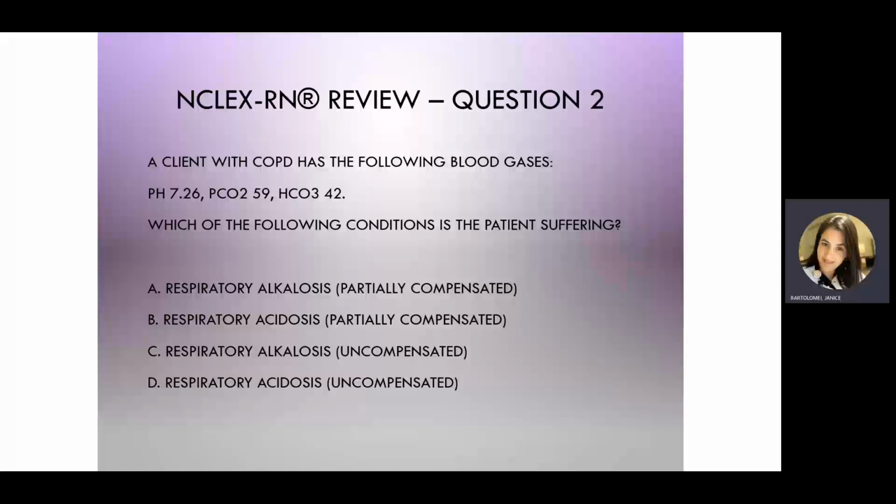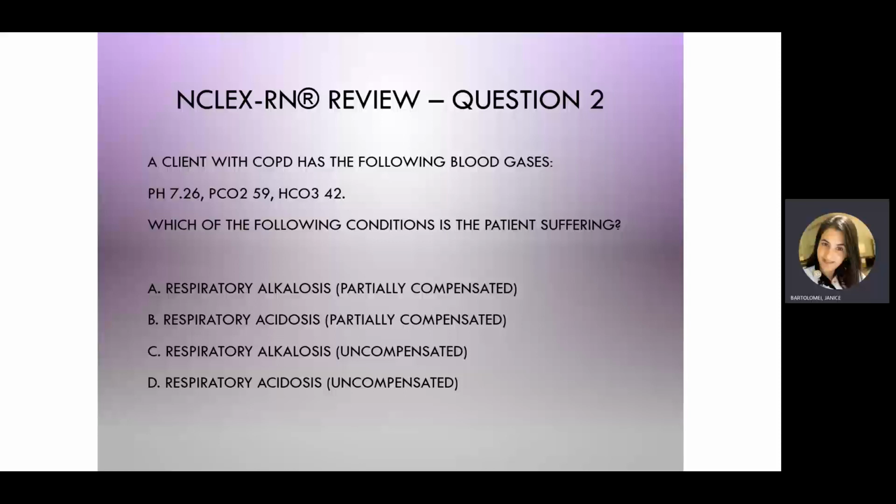It's less than 7.35. Is CO2 up or down? It's up because it's more than 45. And is my bicarb less than 22 or higher than 26? Is it up or down? It's definitely up. It's higher than 26.